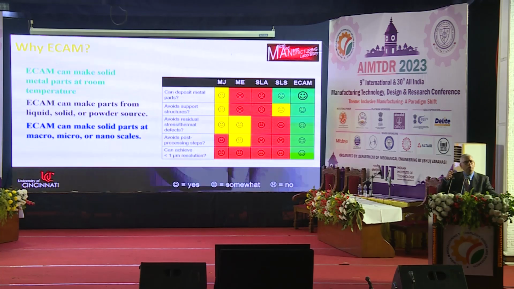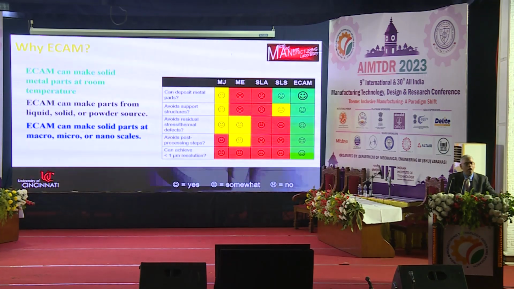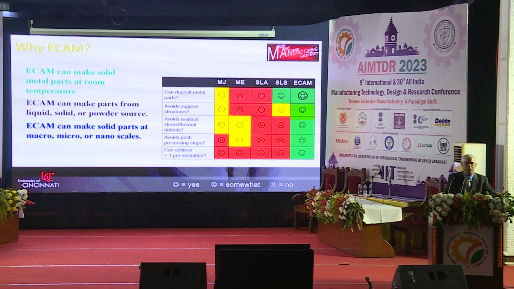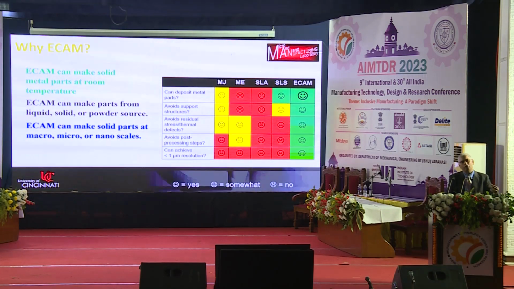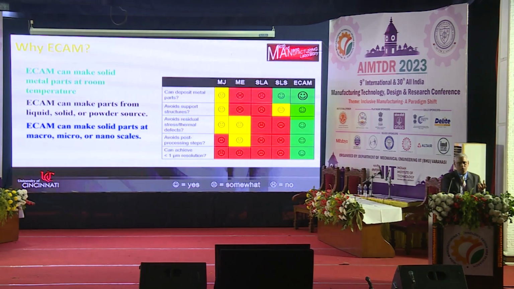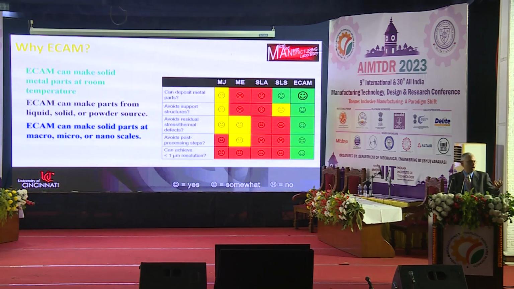They may be able to do it at the micro level, but not many processes can do it at the nano level. Maybe two photon polymerization, something like that is possible. But this one, by its nature itself, electrochemical manufacturing, you are adding materials atom by atom, whether you like it or not, the process happens at the nano level. So it's up to you whether you want to go to micro or macro level. So all this can be there.